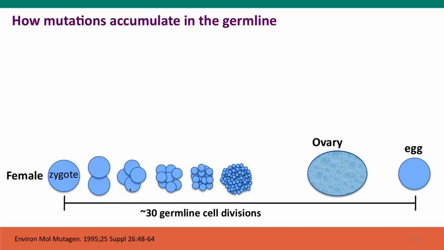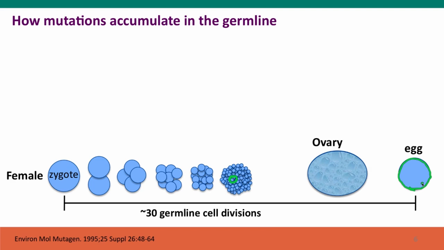So here's a drawing of a female germline. So we have, again, the zygote. And the zygote divides, divides again, divides again, divides and divides. And eventually, some of these cells give rise to the ovary and give rise to the egg cells. This is the germline.